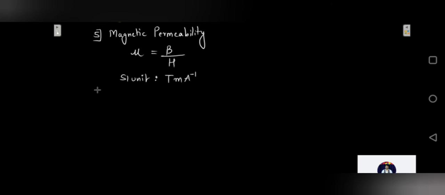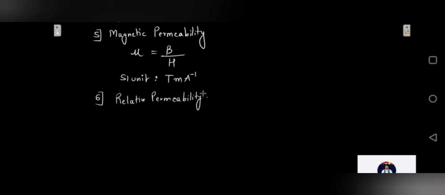The next one we have is relative permeability. So basically permeability of various magnetic substances can be compared with one another.